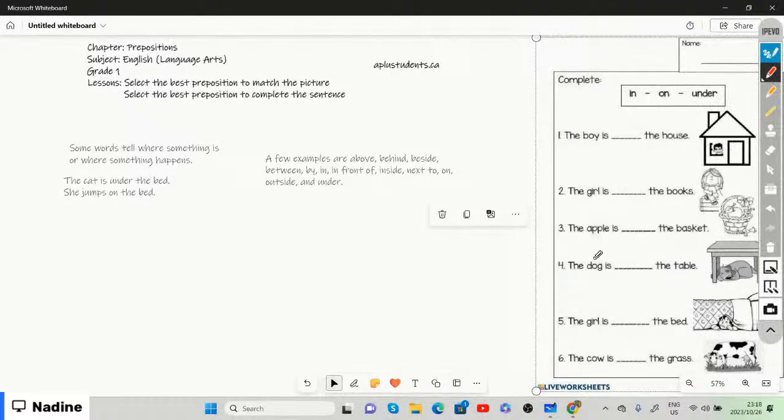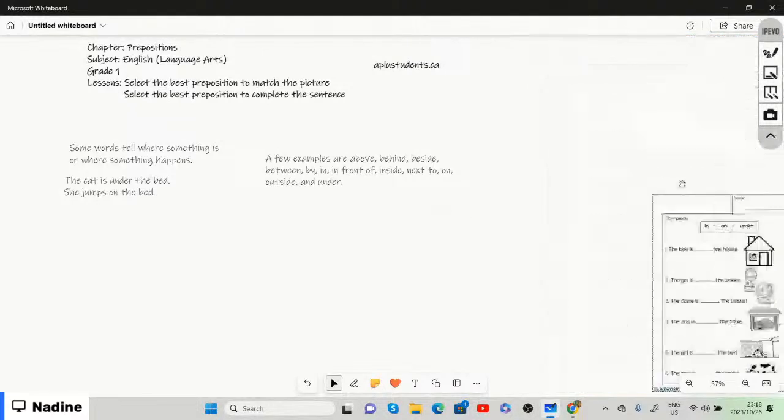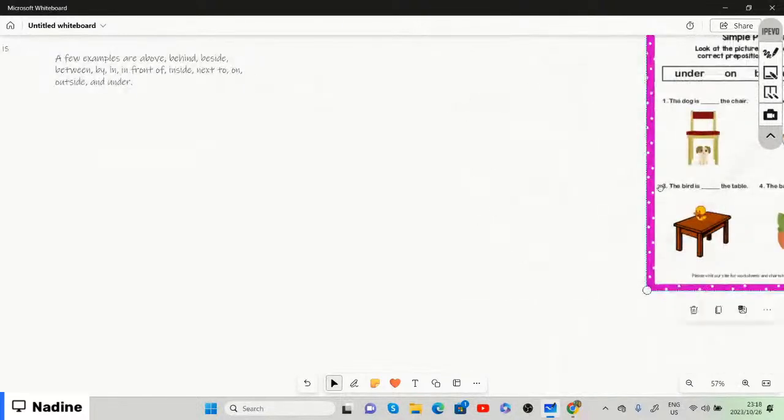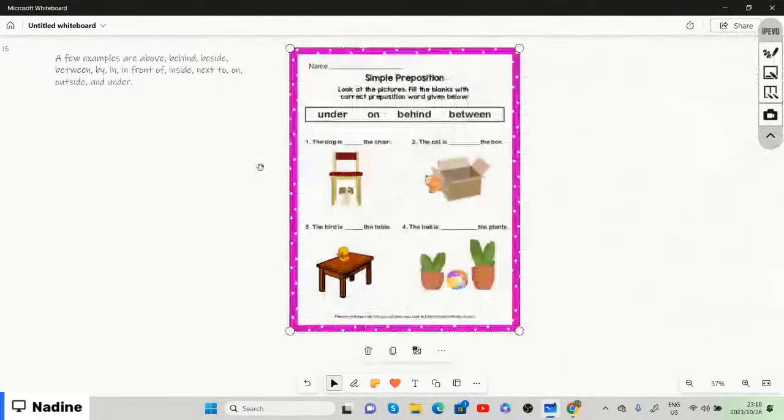All right. So now we're going on to this picture here. We're also going to say if something is either under, on, behind, or between, right?